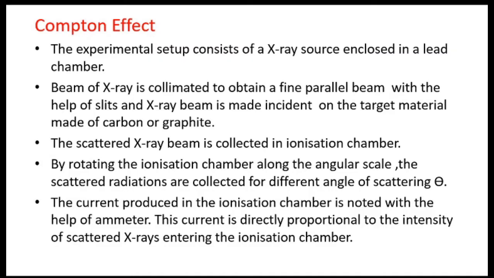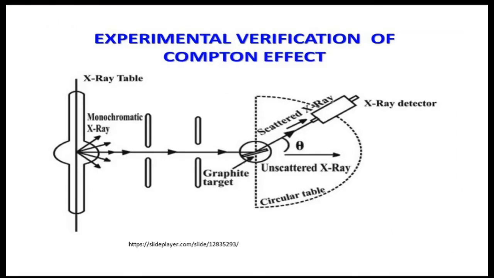The scattered X-rays are collected with the help of an ionization chamber. The X-rays are scattered in all possible directions, and the scattered X-rays are collected in the ionization chamber.